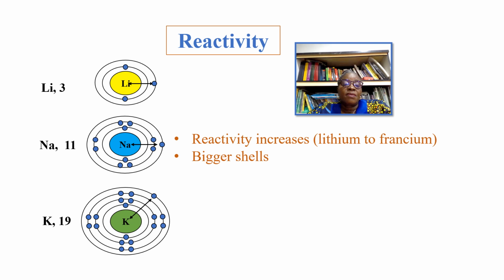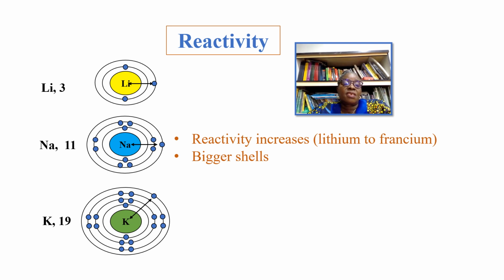These atoms are larger because they have more shells, as shown in the diagram. We'll have the inner nucleus, and then for lithium we'll have two shells. And then for sodium the inner nucleus, and we'll have three shells, and it keeps on increasing.